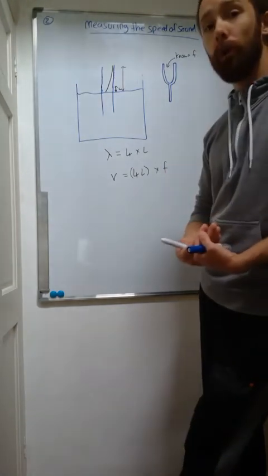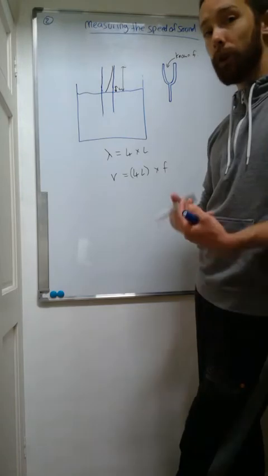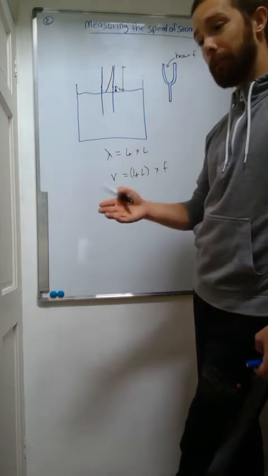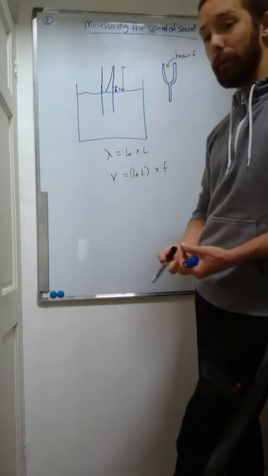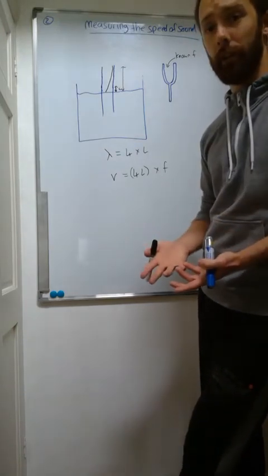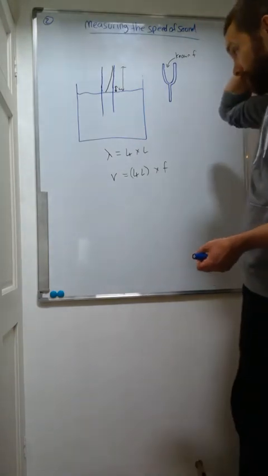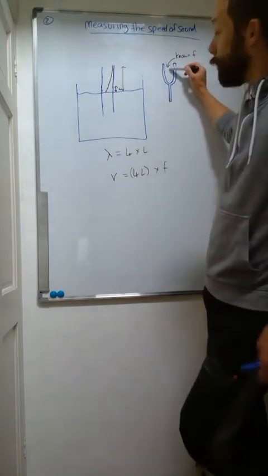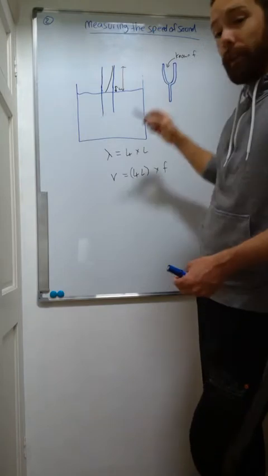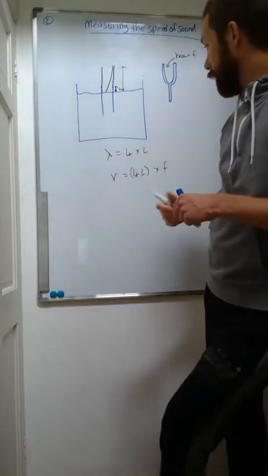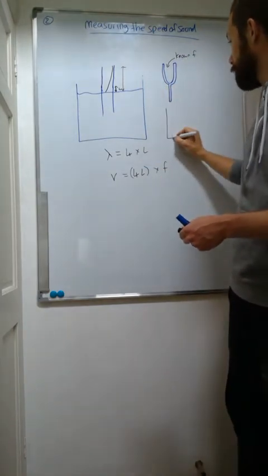If it's possible, we want to change something, have some kind of independent variable, and we want to create a graph of results, and do a calculation from a gradient most likely on that graph. In this situation, we would use a number of different frequencies, and then we'd be able to plot a graph.